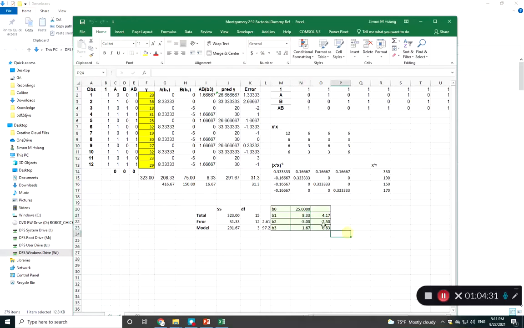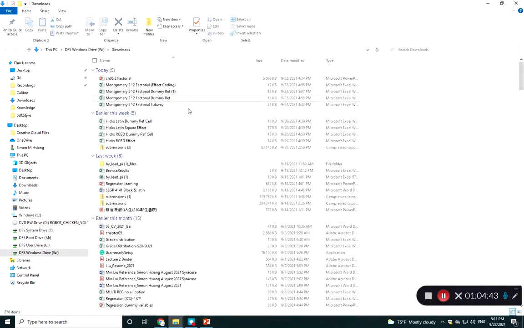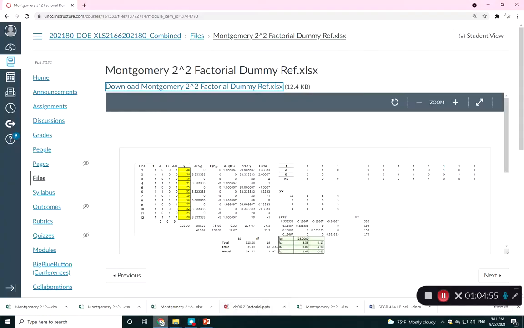No plan to do that this year. So now you repeat that, you get your ANOVA table done. So far, so good? Now let's do it more.